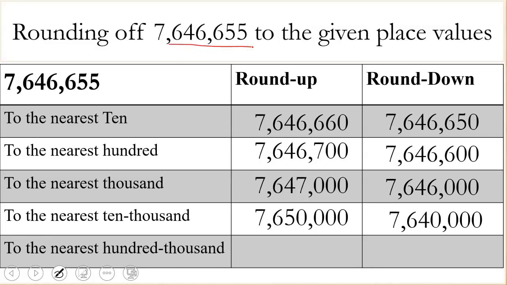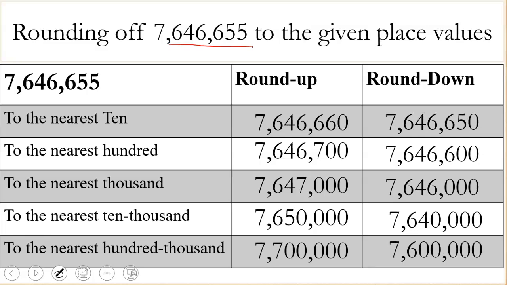So, and then we can say 646,000. So that becomes our 100,000. And to run it up over there is going to give us 7,700,000. And so when we are coming down, it becomes 7,600,000. Hope it's clear. Good.